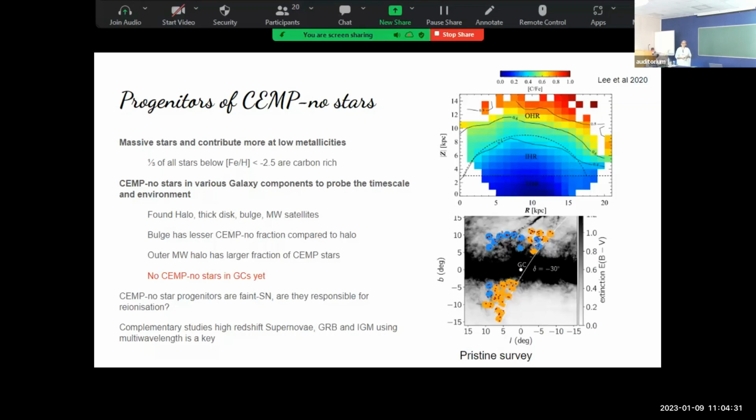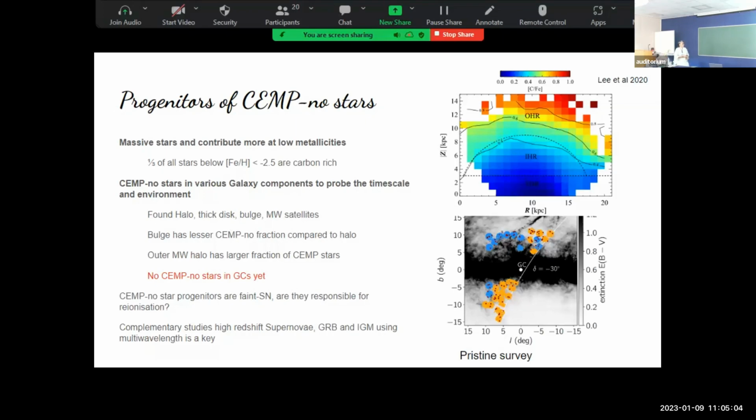Maybe with JWST we should be able to see some of the transients, maybe not the first transients, but at least a trend with redshift, whether fainter supernovae are similar to the carbon-rich ones. Or in metal-poor systems like dwarf galaxies, the supernovae that explode should have more of these faint supernovae. So these are trends which are yet to come.